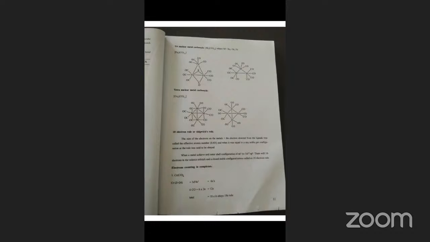These two are equal to 18, then it is called a stable complex. Okay, so in this we are discussing these types of examples. Then we discussed the preparation and the properties of nickel tetracarbonyl. So three preparation methods as well as the properties we discussed in yesterday's class.